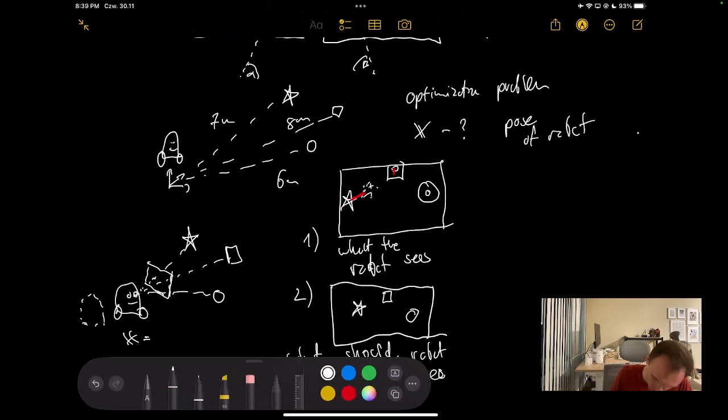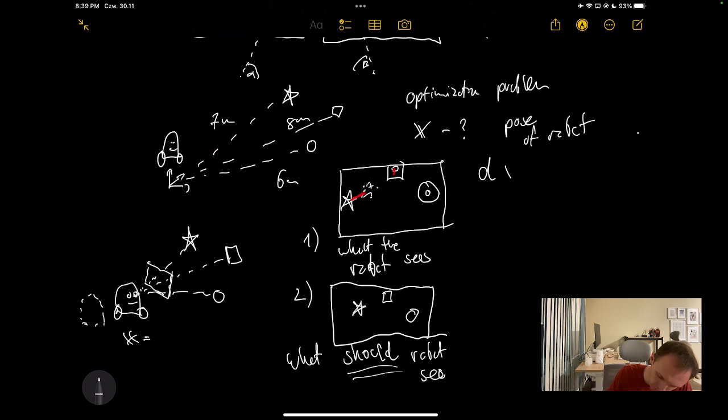And then what we're going to do is say, okay, how would I need to change the pose the tiniest bit in order to make this error that I see the smallest? What's the change of the pose that would make the visual error, the reprojection error, just a tiny bit smaller?